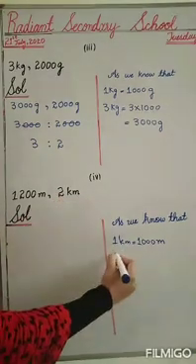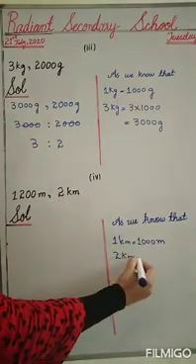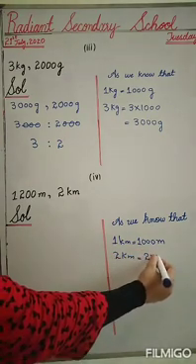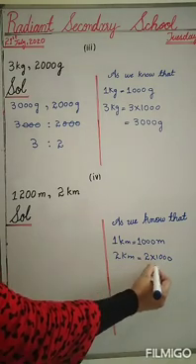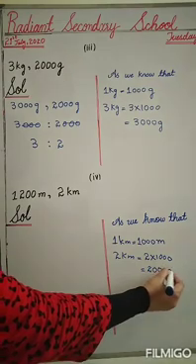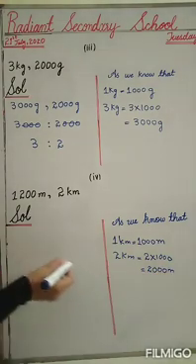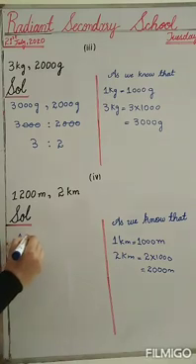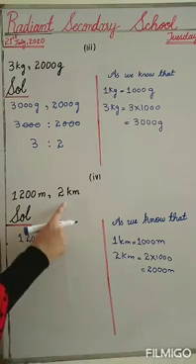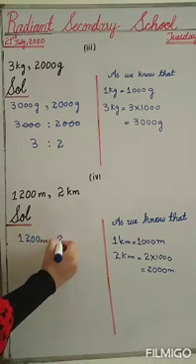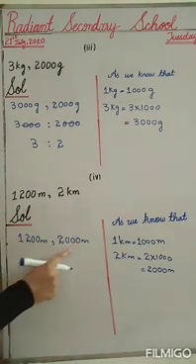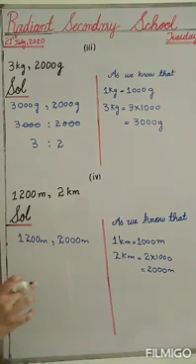So for the 2 kilometers, what we have to do is multiply this 2 with this 1000. 2 multiplied by 1000 and the answer will become 2000 meters. Now write it down. 1200 meters, 2 kilometers in meters is equal to 2000 meters. Now the units are same. We can take the ratio between them.